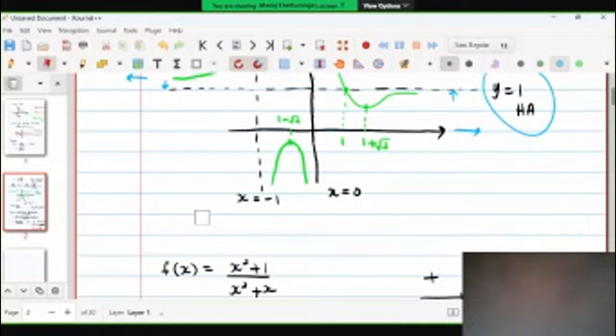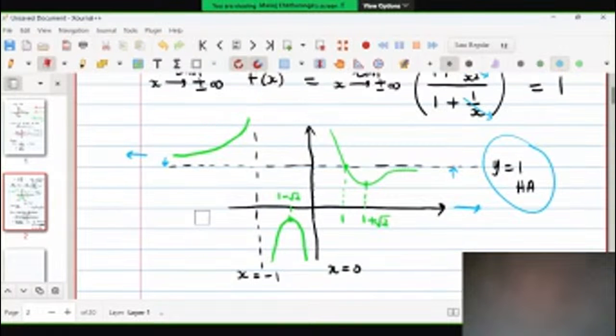You should look at not only the derivative but also the second derivative, because you see, here in this piece, the function has a positive second derivative.